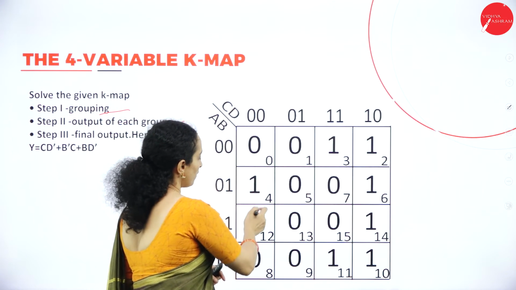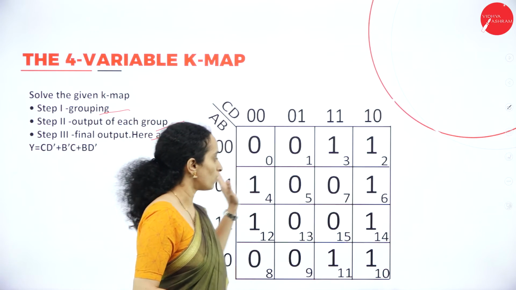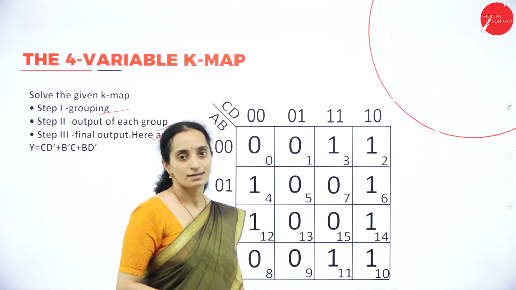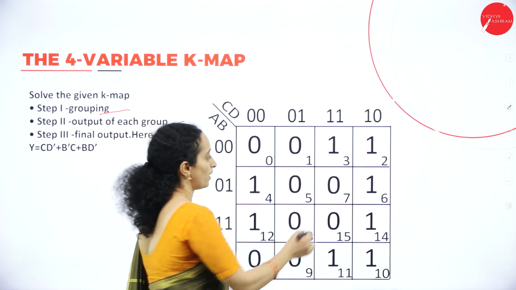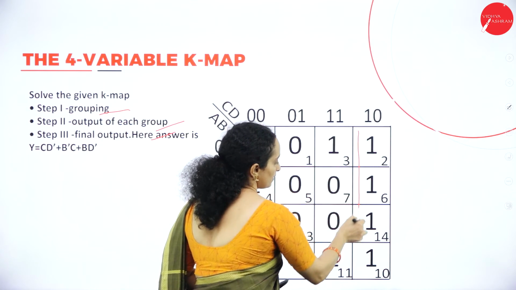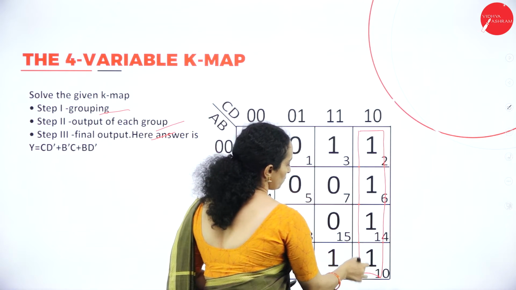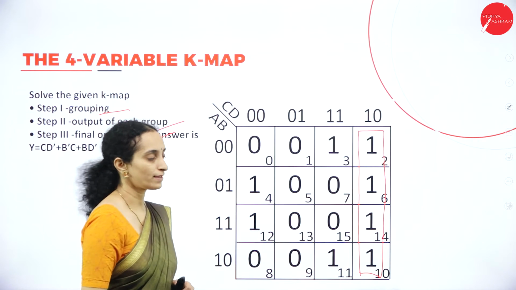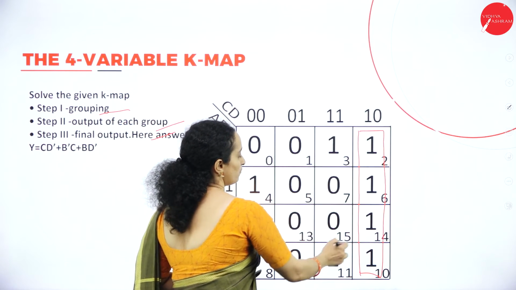Okay. Here you have 1, 1. Can you combine this with this? Or can you combine with this? First, you can group these ones. Okay. A group of 4 ones. You can group 4 ones. Then 1, 1, 1, 1.